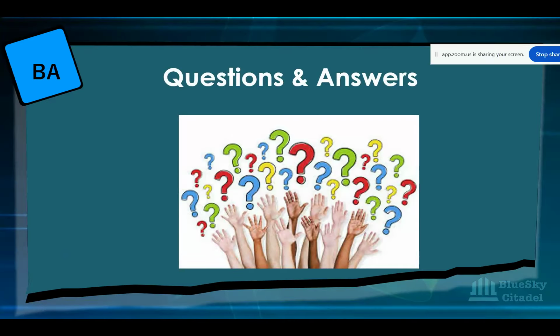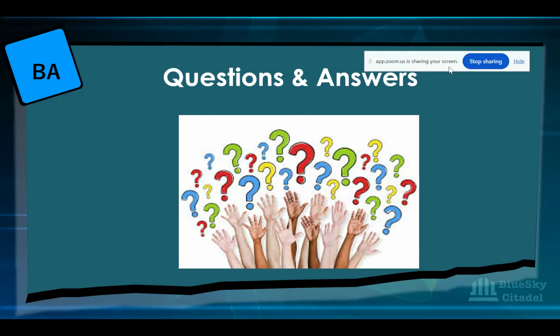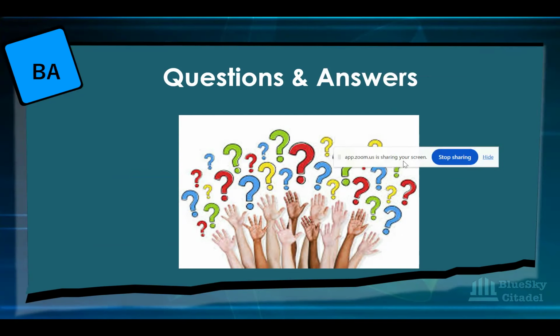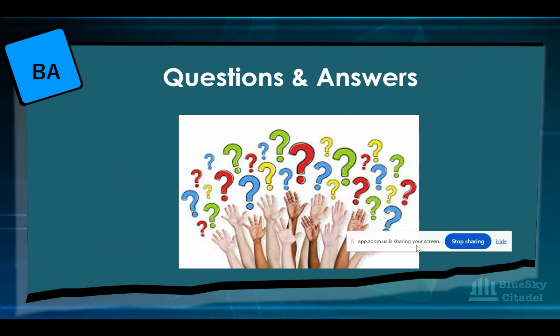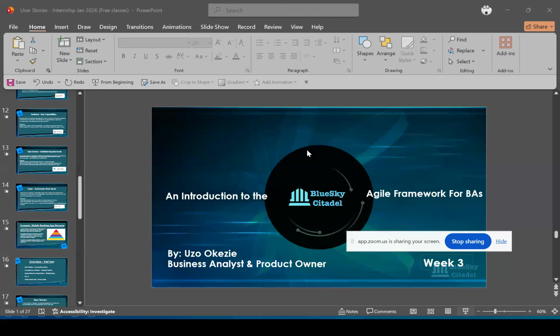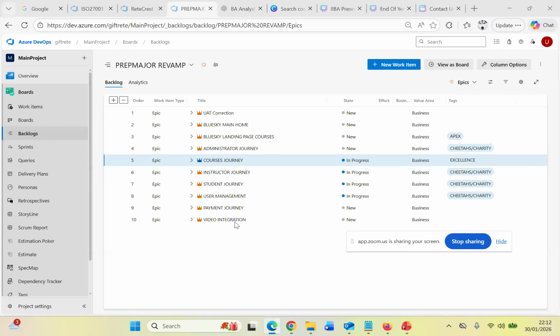But before we go to question and answer, I want to share my screen and show you what a product backlog looks like. Okay, so this is a project that we're working on in the advanced group. This is called the Azure DevOps board. I'm pretty sure during your Scrum Master's course, you talked a bit about this.